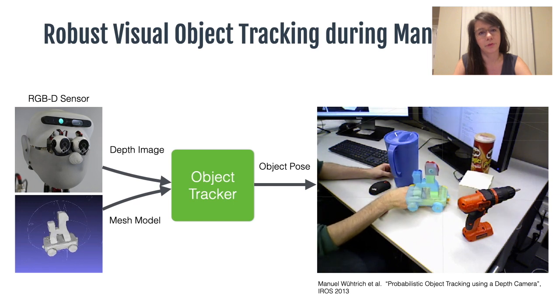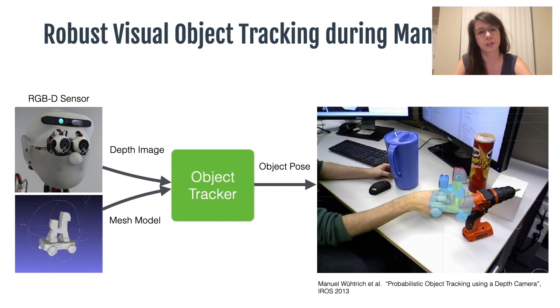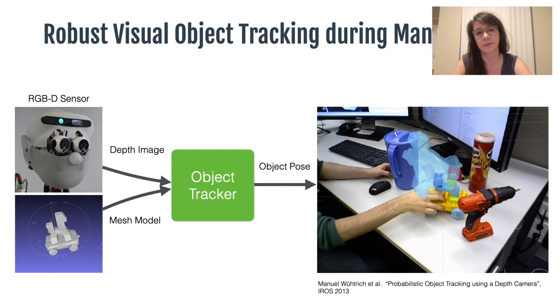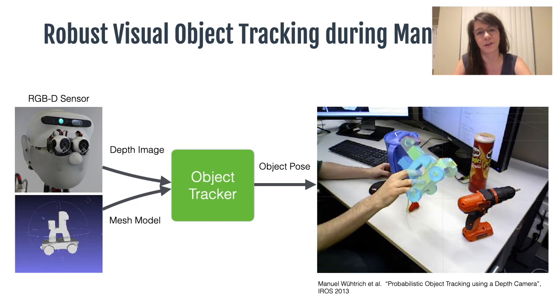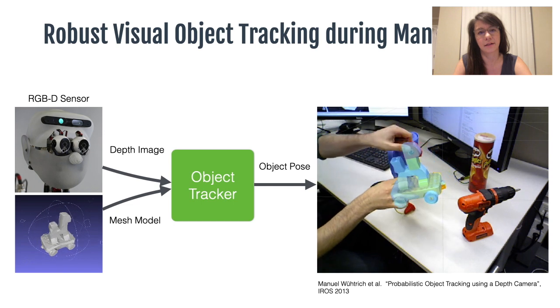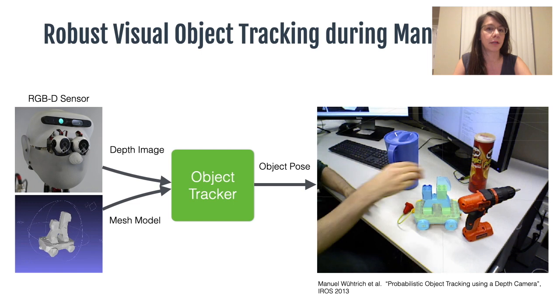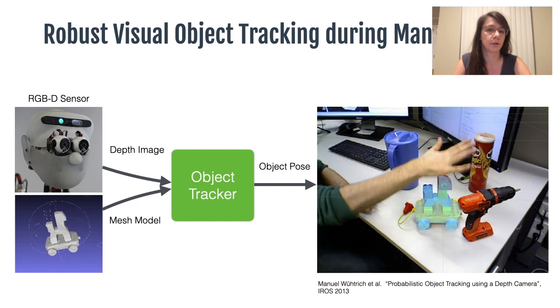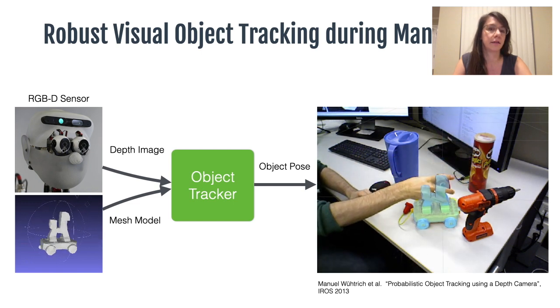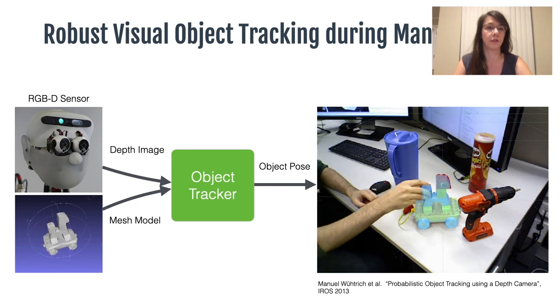So just to give you an impression, under the hood, this object tracker is essentially a particle filter. But the magic sauce here is that we're not only modeling the 6D pose of the object, but we're also explicitly modeling occlusions in the space of the image.